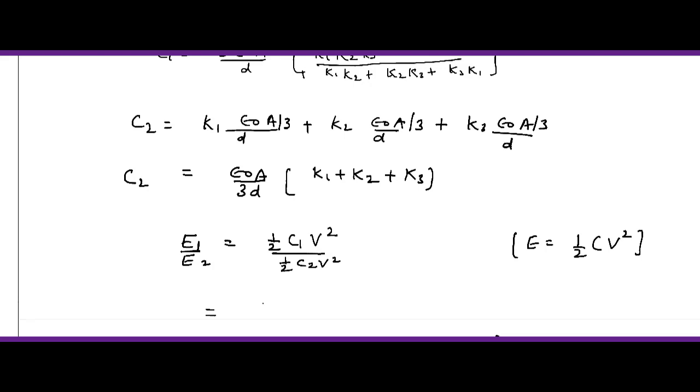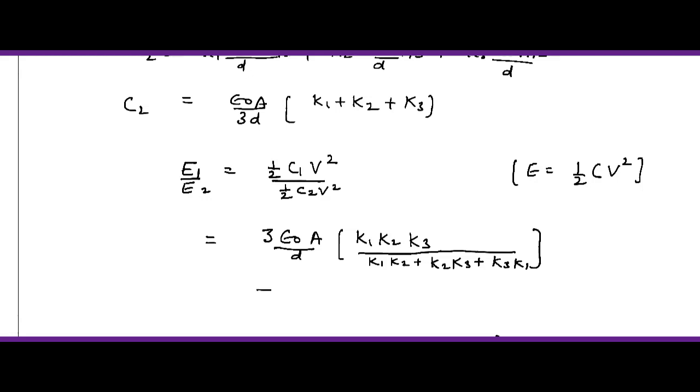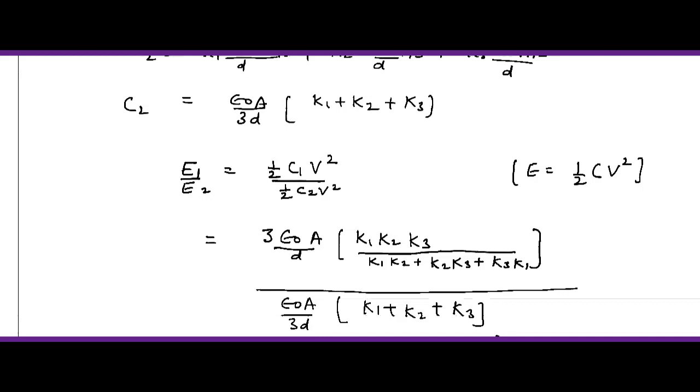Value of C1 is 3 epsilon naught A by d, K1 K2 K3 by K1 K2 plus K2 K3 plus K3 K1, divided by C2, which is epsilon naught A by 3d, K1 plus K2 plus K3.